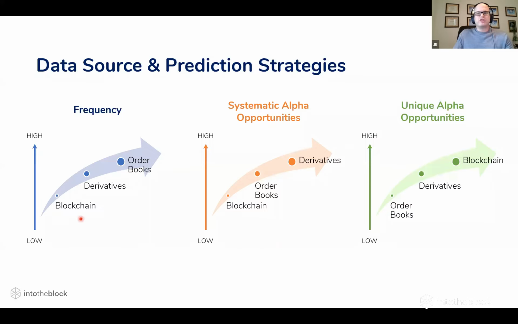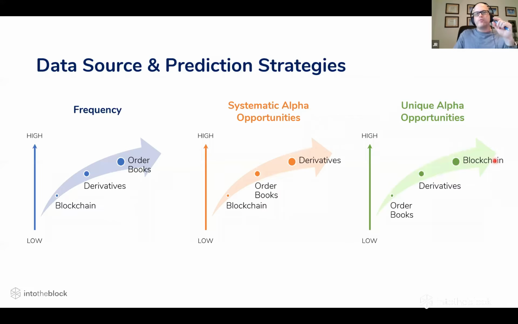And predictions based on blockchain signals take longer, so the frequency is not very high. If you're looking for systematic alpha opportunities that have medium frequency, but that can uncover new alphas and inefficiencies very frequently, derivatives is certainly your best bet. Order books follow, and blockchain is the last one.